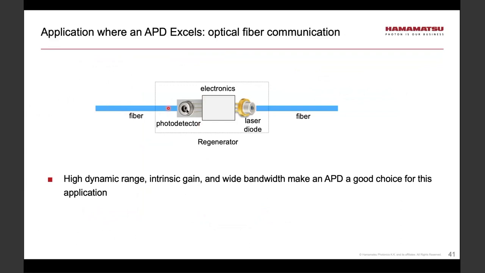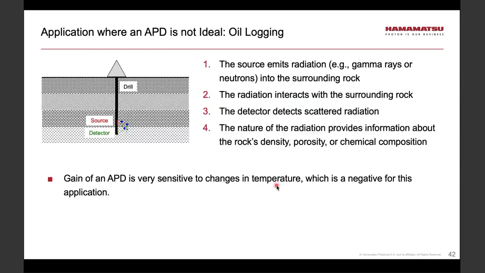So the APD detects the light signal, converts it to an electrical signal, which is then fed to a laser diode, which regenerates the signal with the correct time properties, but stronger in light level. So the high dynamic range, high intrinsic gain, and very wide bandwidth make APD a good choice for this application.